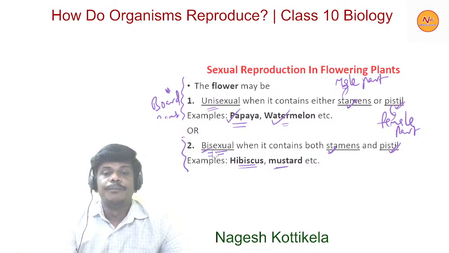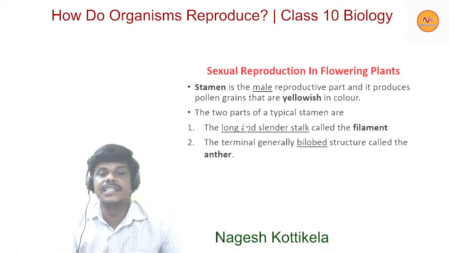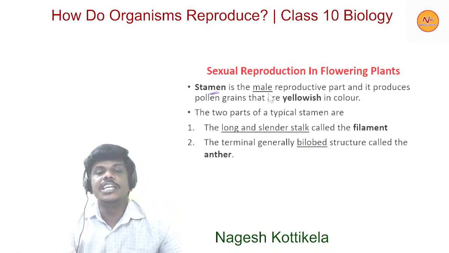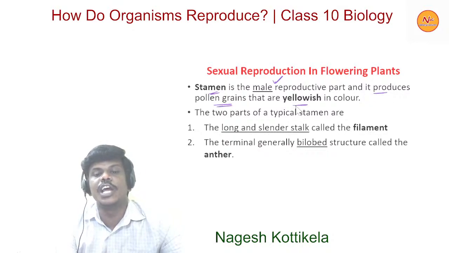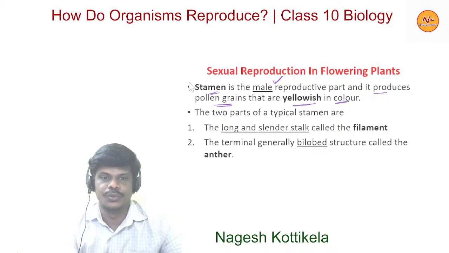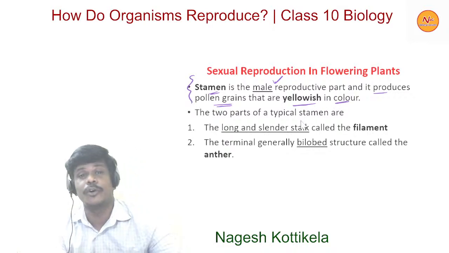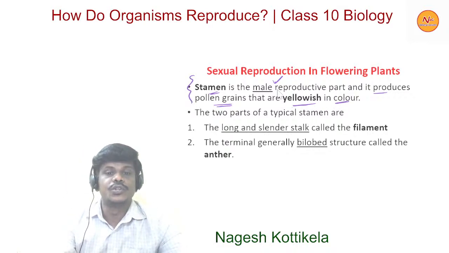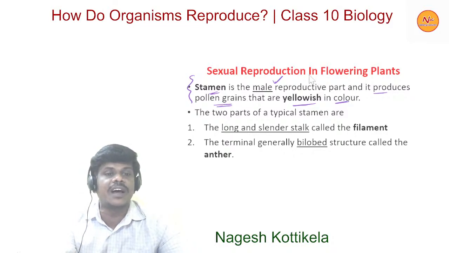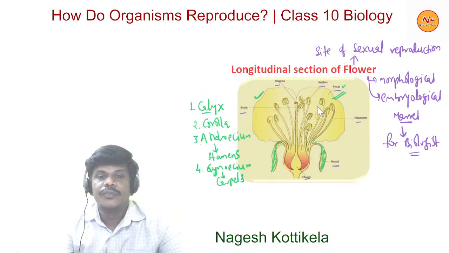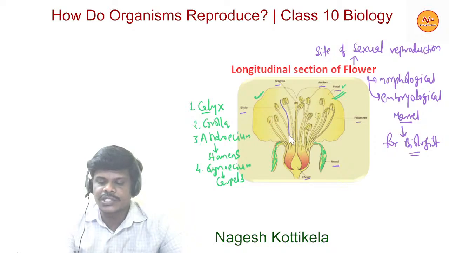Now, moving to the next part, the stamen is the male reproductive part, and it produces pollen grains that are yellowish in color. This is again a very important aspect. You can see in this picture, where do we find the stamen?